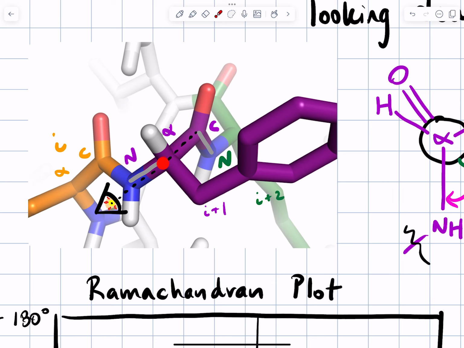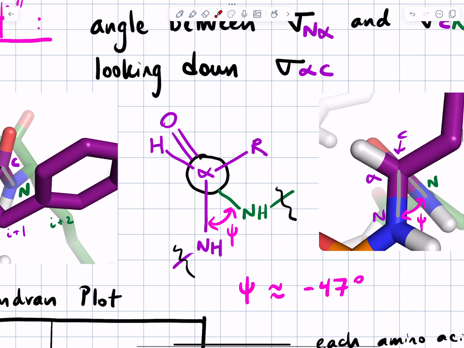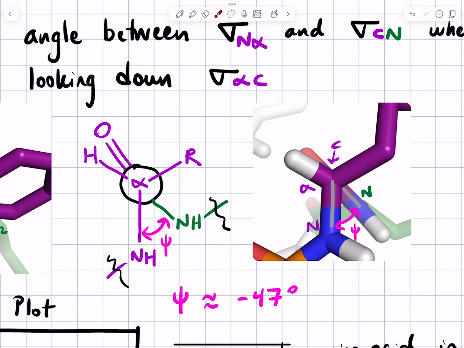And so with the sp3 hybridized alpha carbon in the front, we should see 3 things: the proton, the side chain, and the amide nitrogen. And then at the sp2 carbon in the back, we should see only 2 things: the carbonyl oxygen and then the green nitrogen of the next amino acid. So here's my drawing, and then here's the view from the actual structure.